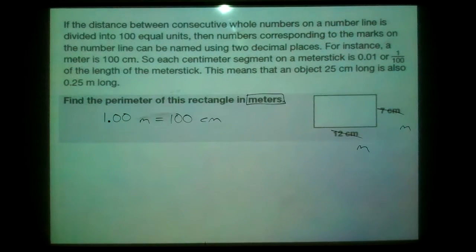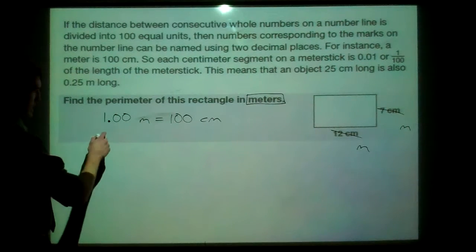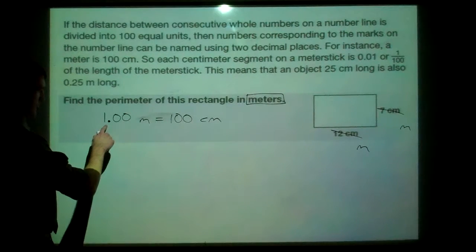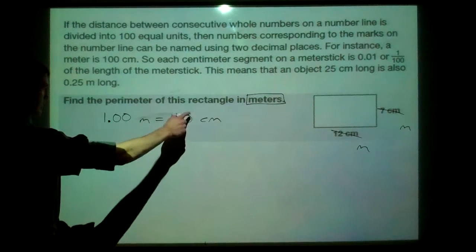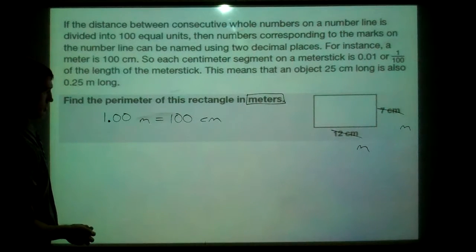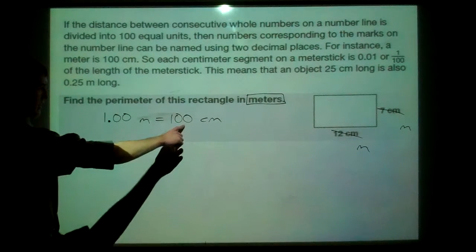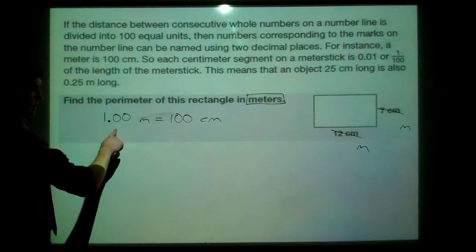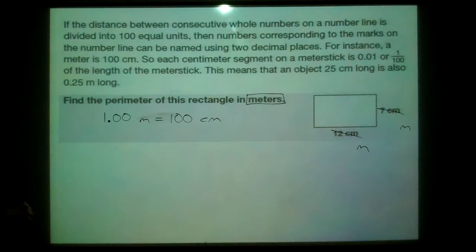A couple different ways to do this. We can notice that basically we're just multiplying by 100 to get to this side. That's one thing we could say. Or we're dividing this by 100 to get to this side. Either way you want to do it, if you set it up like this.